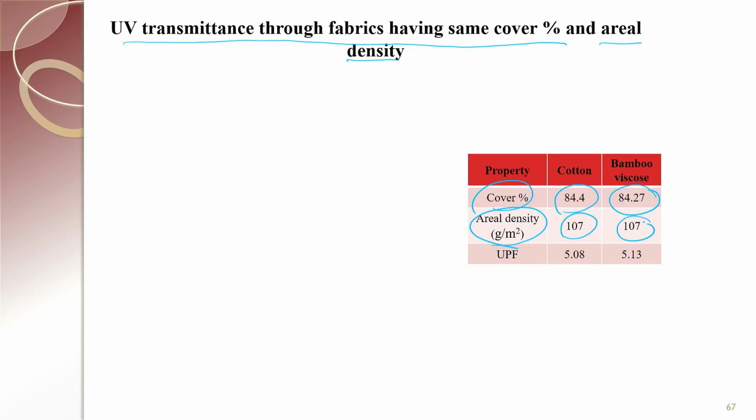So, we have created the fabric by adjusting the ends per inch and picks per inch in the loom, and after washing we have calculated the cover factor. So, for these two fabrics, both cotton and bamboo, having the same cover factor and same areal density, what we have got is that there is no significant change in UPF value.